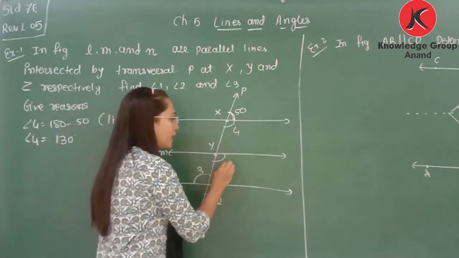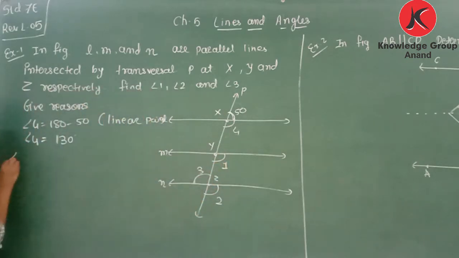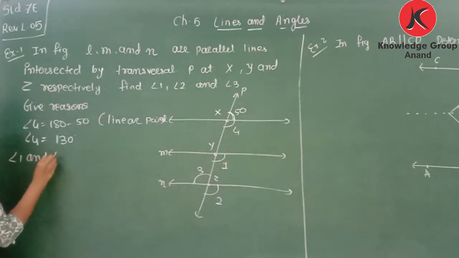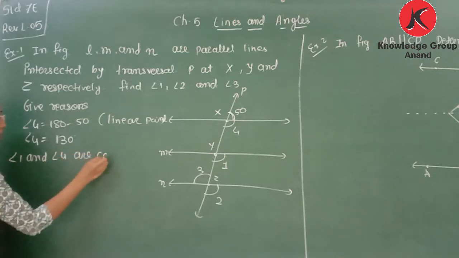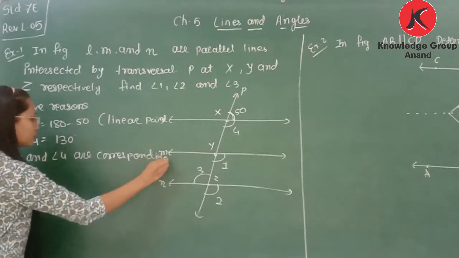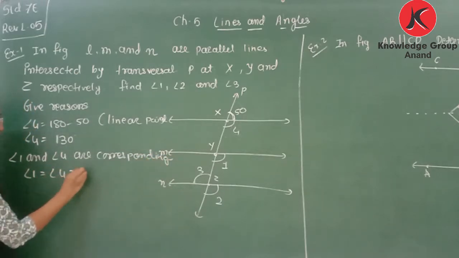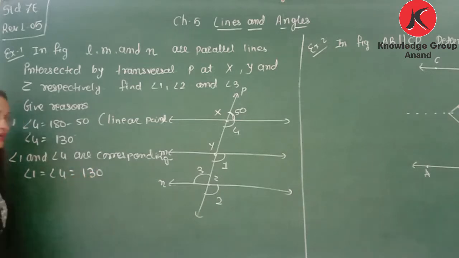Now angle 4 and angle 1 are corresponding angles. So angle 1 is equal to angle 4, which is 130. So our angle 1 is also 130.